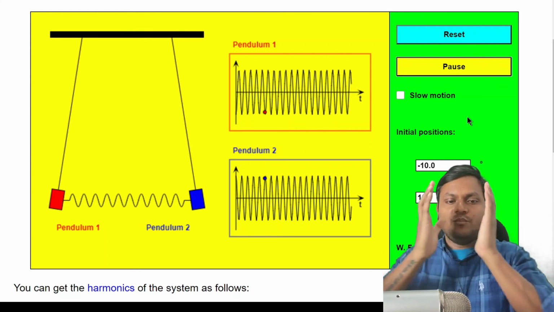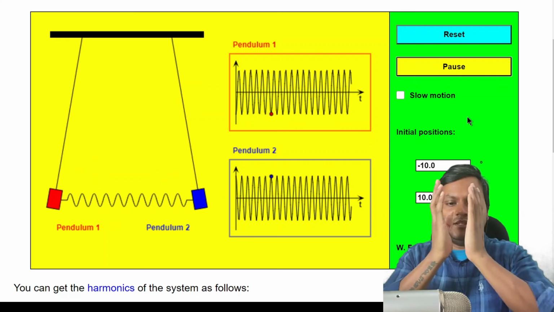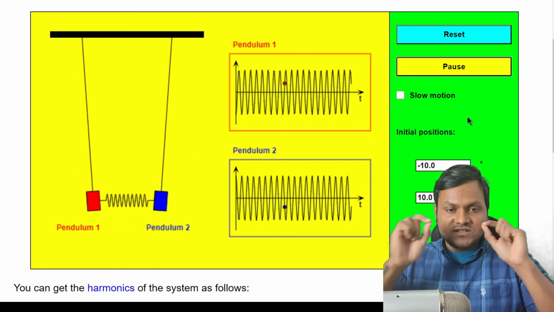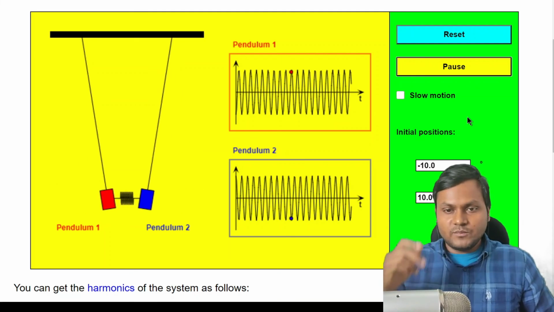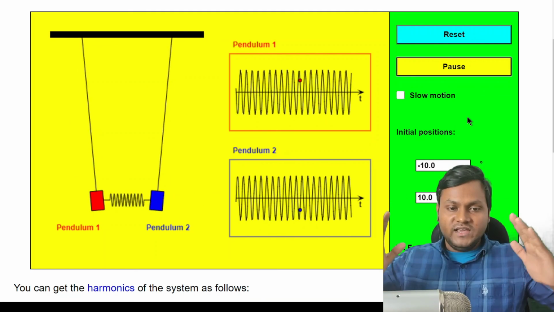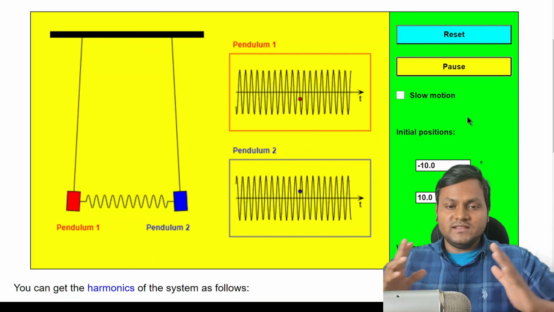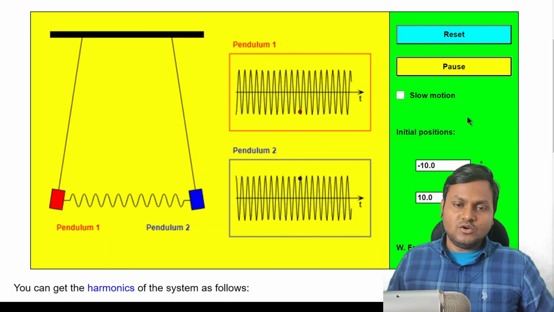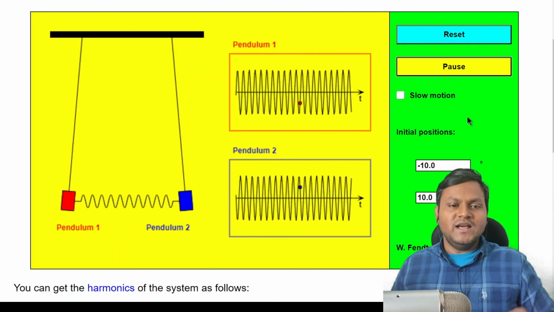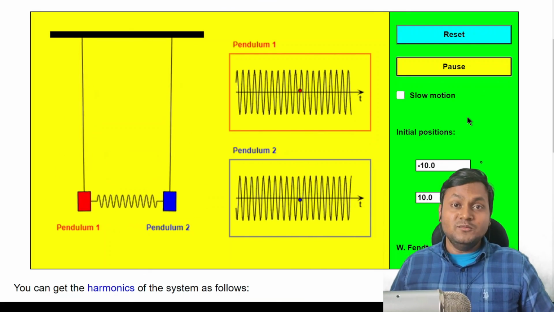So the pendulums approach together, go away, approach together, go away. The masses of the system are executing SHM, as you can see from the graph here, but they are 180 degrees out of phase. This happens when we provide theta naught and minus theta naught as the initial conditions. And this is therefore known as the second normal mode.